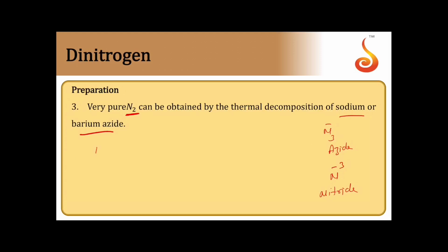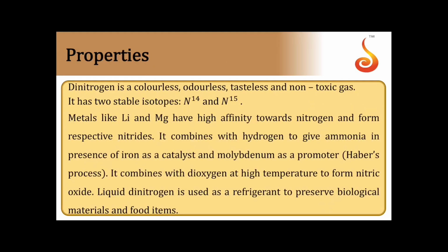Now barium azide, Ba(N3)2, on strong heating forms barium and nitrogen. So very pure N2 can be obtained by thermal decomposition of sodium azide or else barium azide. With this we have done the preparations of nitrogen.